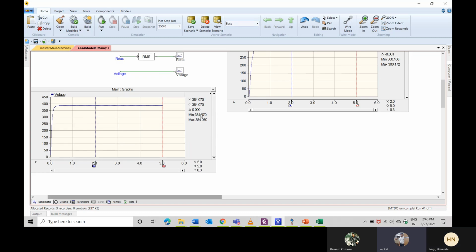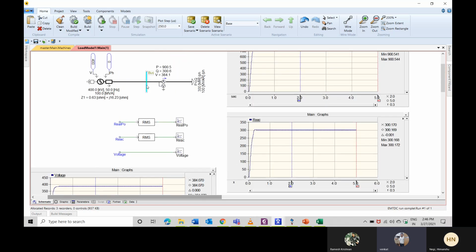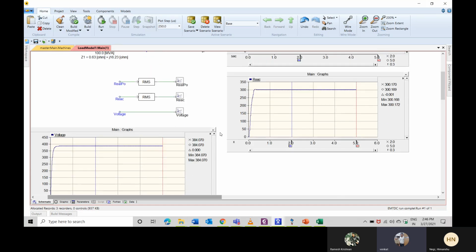With the voltage, you can see the voltage is 384.07. We divide it by 400, which is the base voltage. 384.07 divided by 400 will give you 0.96.